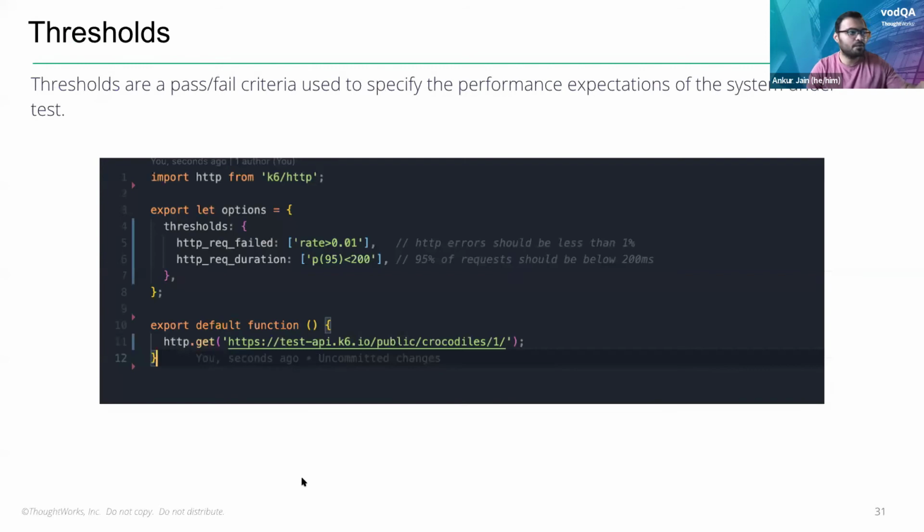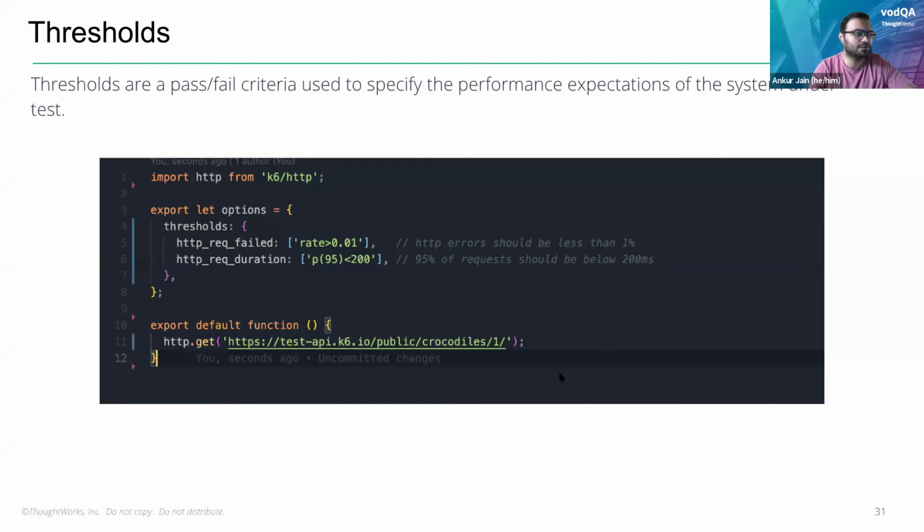When we talk about validating performance tests, it's more about the thresholds you want to test. It's not whether you're getting a 200 or a 400. The more important thing is that your failure rate should be low, and the request duration should also be low.